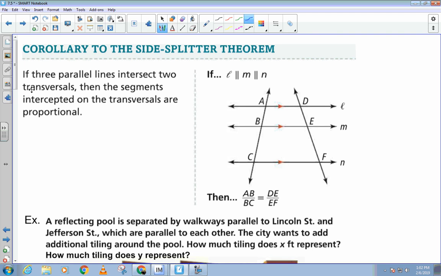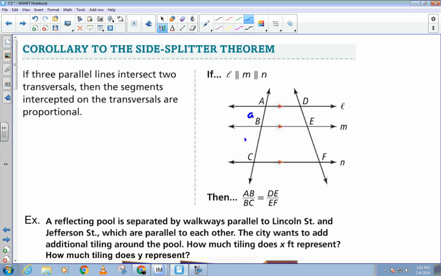Now, this is a corollary, because it's kind of like a little mini theorem off the theorem. And it says, if 3 parallel lines intersect 2 transversals, then the segments intercepted on the transversals are proportional. So if you've got 3 parallel lines, then these parts are going to be proportional to each other.